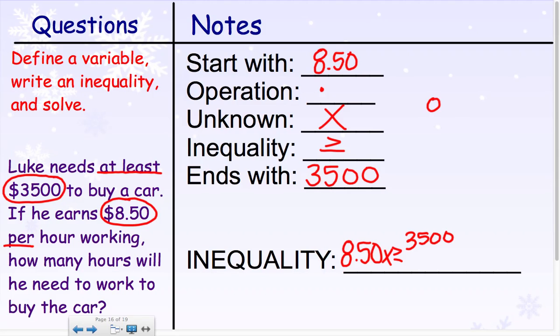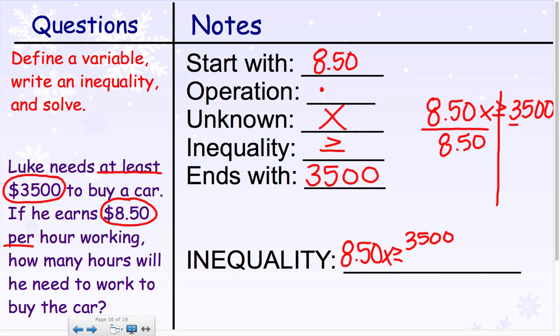So then if I solve that, I'd have to divide both sides by 850. And I'd end up with 411.8.